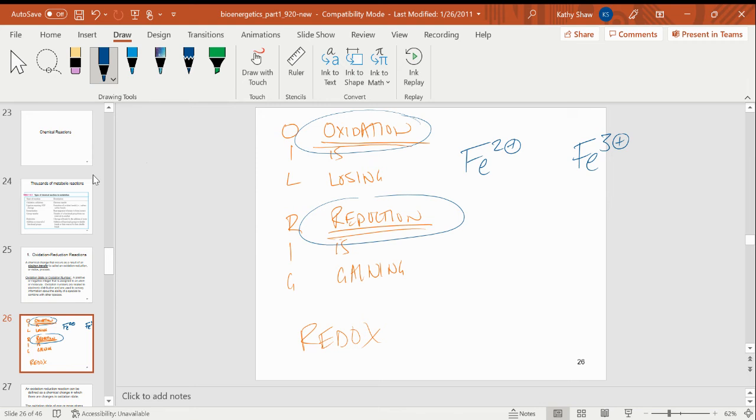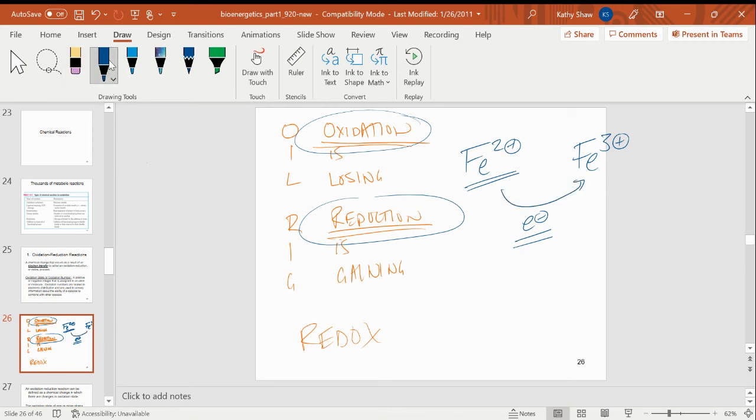So if I go from a 2 plus, put a negative thing on there, don't forget an electron's a negative thing, and my 2 plus gains, I went the wrong way, darn it. I'm not starting the video over. So let's do it this way. My 2 plus loses an electron.